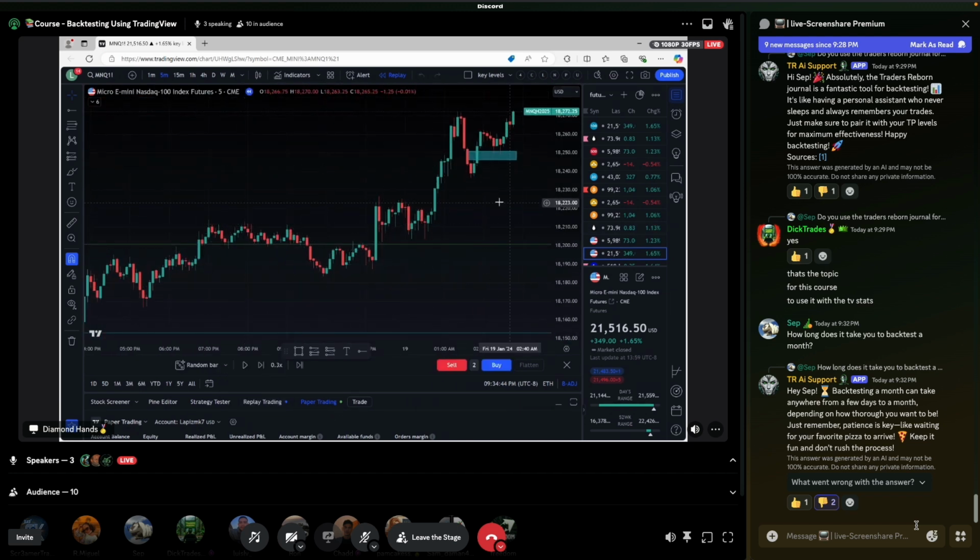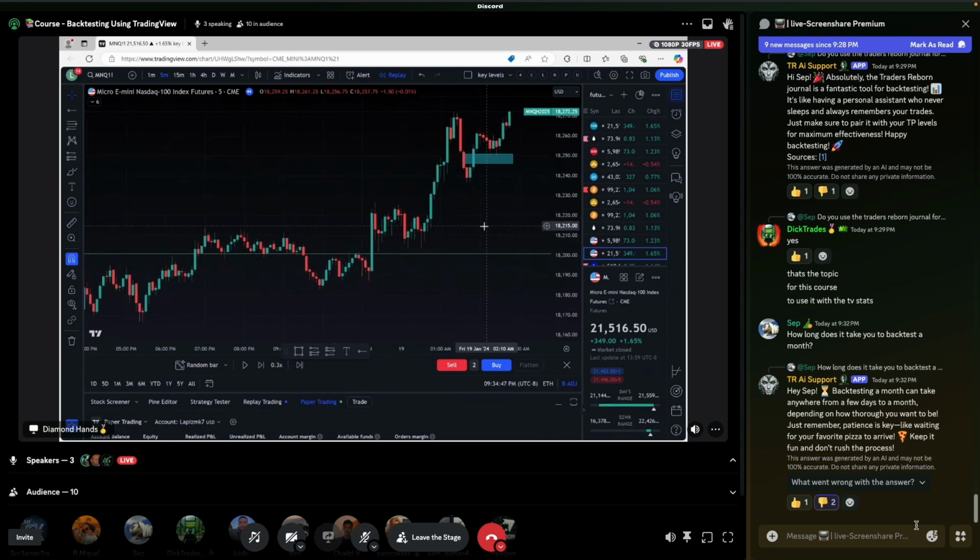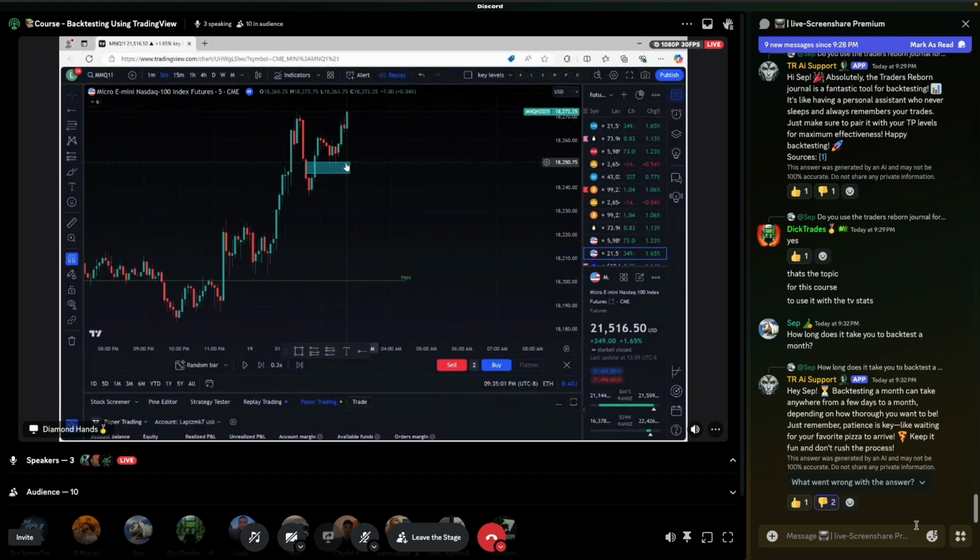That's only if you do it continuously, where you say start from January all the way to now. When you're backtesting, they don't give me those stats. If I do random bar, it's not going to do that because I'm all over the place. But let's say I'm trading this right here, which is Friday, January 19, 2024.